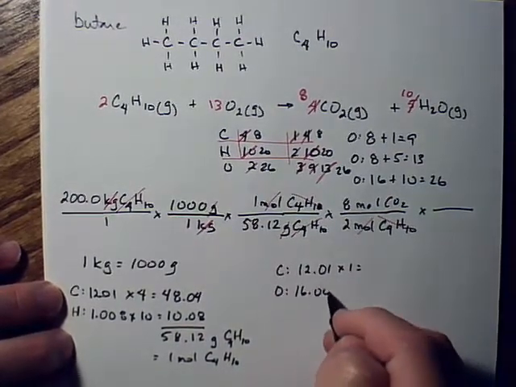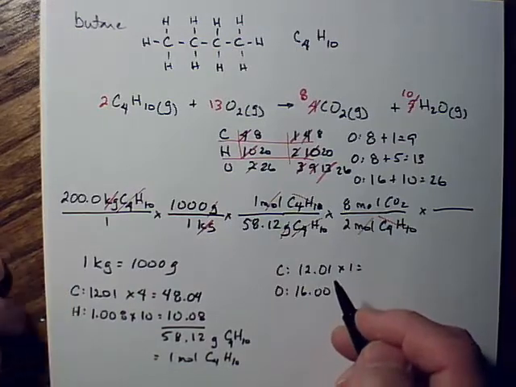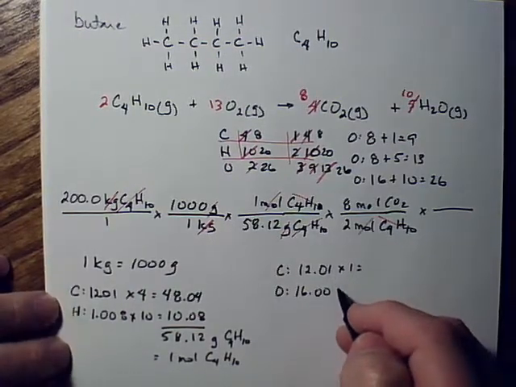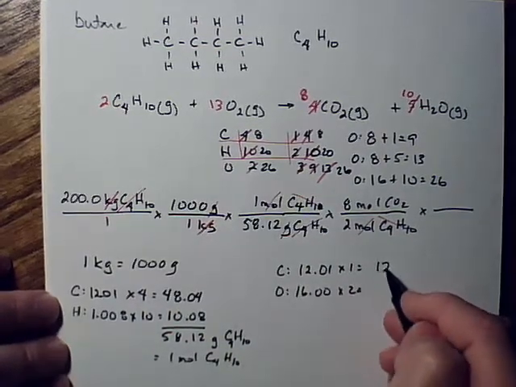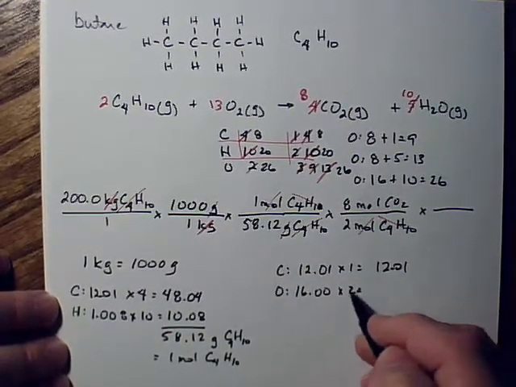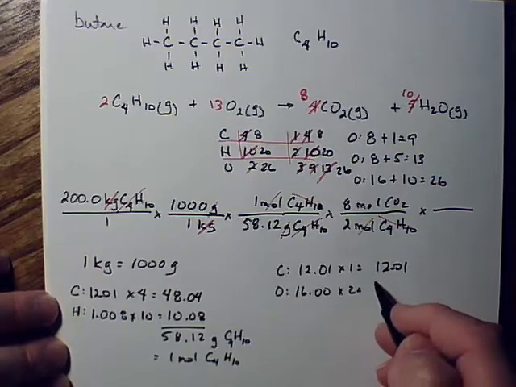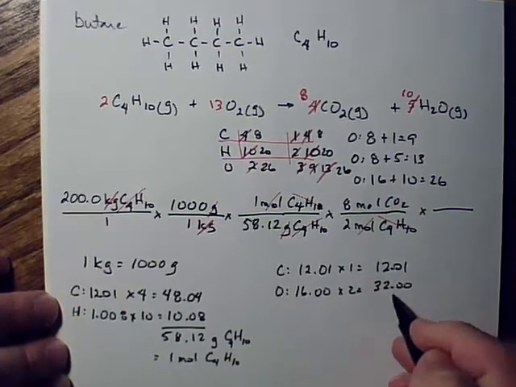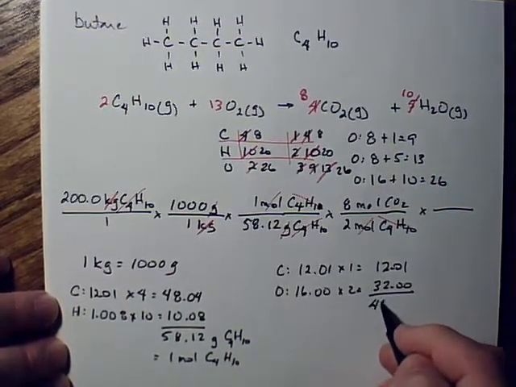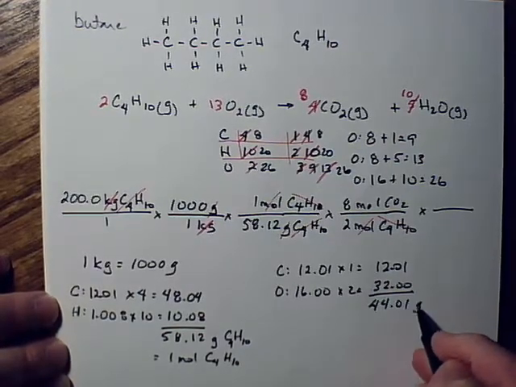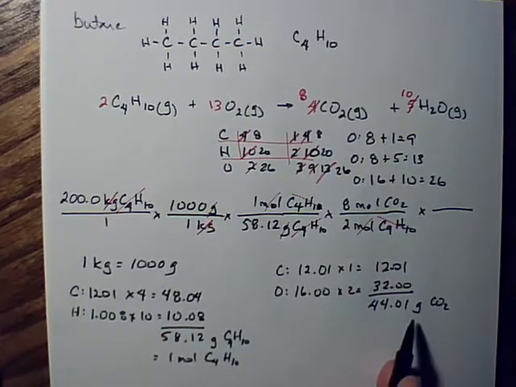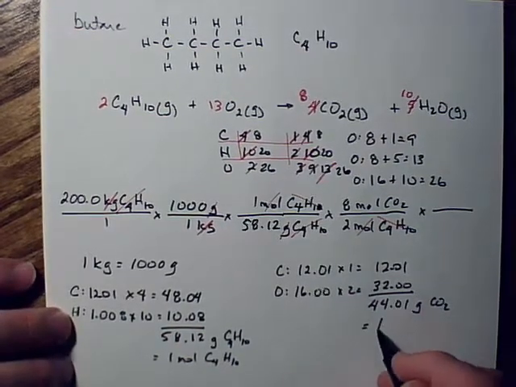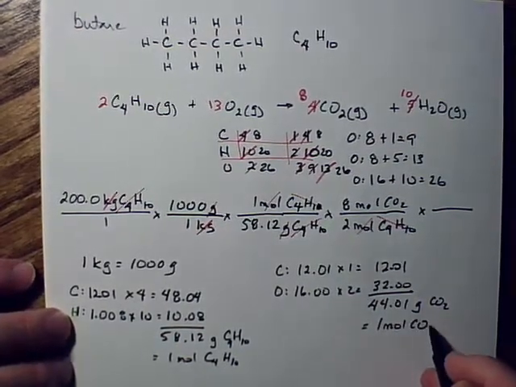Oxygen is 16.00 atomic mass units, which we symbolize with the lowercase letter u. So 12.01, and then 16 times 2 is 32.00. We get 44.01, and that's grams of CO2. So for molar mass, it's not AMUs, it's grams, equals 1 mole of CO2.